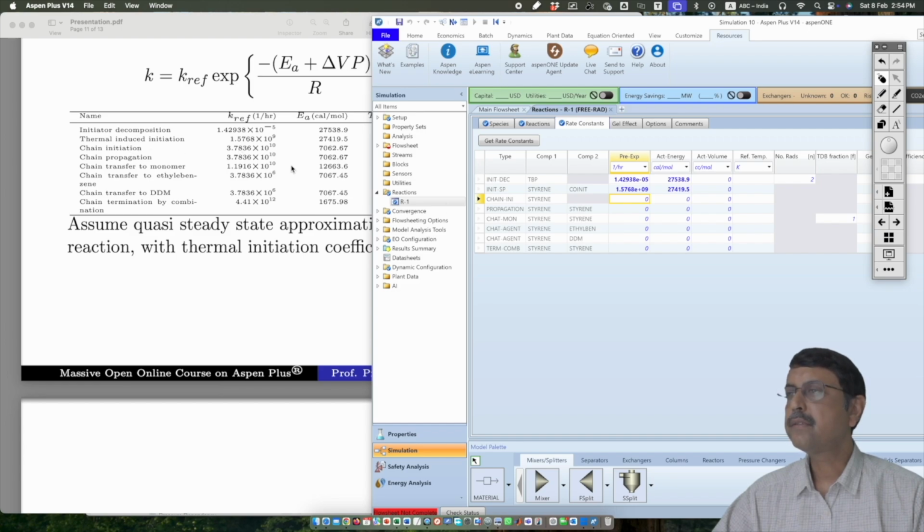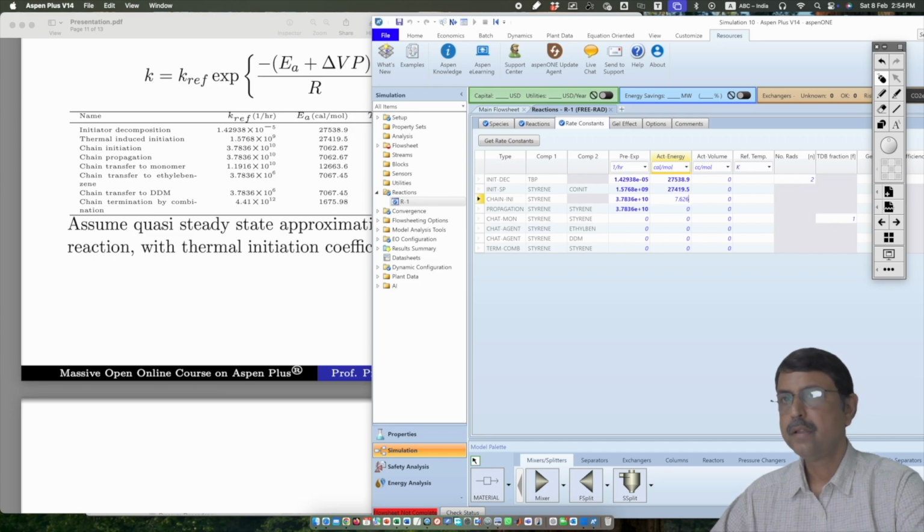Chain initiation is 3.7836, 10 to the power 10. Propagation is also the same one, so we'll copy and paste. Here it is 7062.67, 7062.67, and this also copy and paste over here.